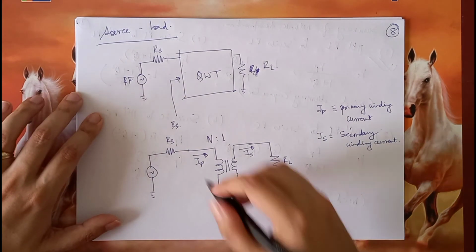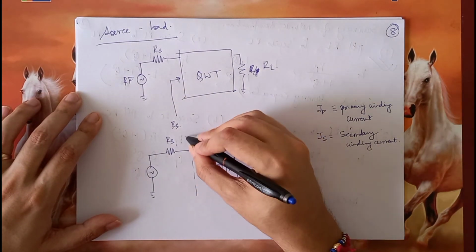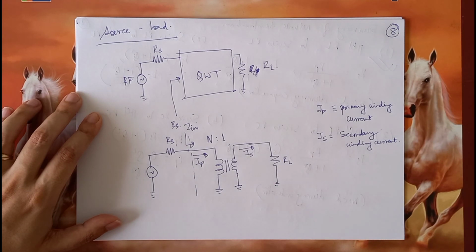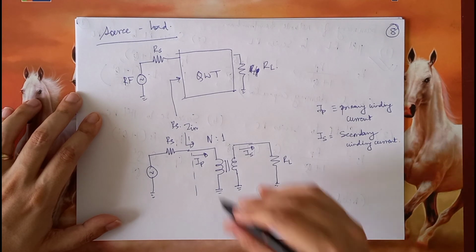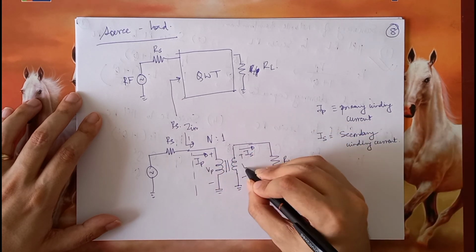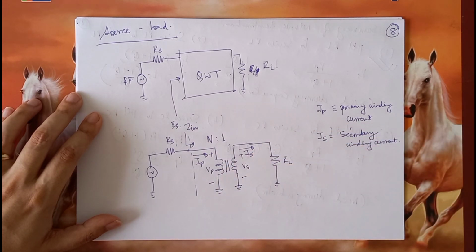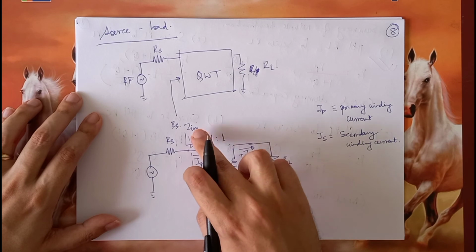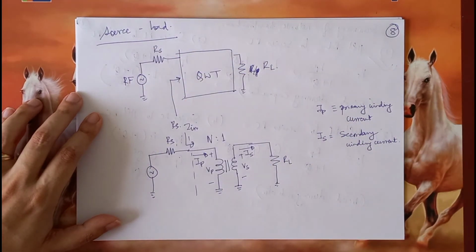Suppose now I define the impedance looking into the transformer as Zin. The voltage across the primary is Vp and the voltage across the secondary is Vs. So what we want is that the transformer should act in such a way that the Zin is exactly equal to Rs.